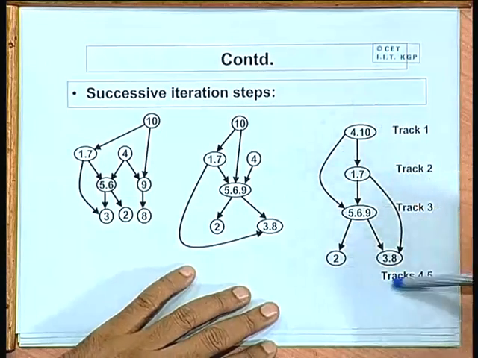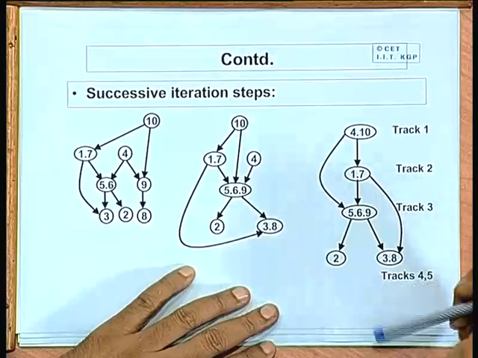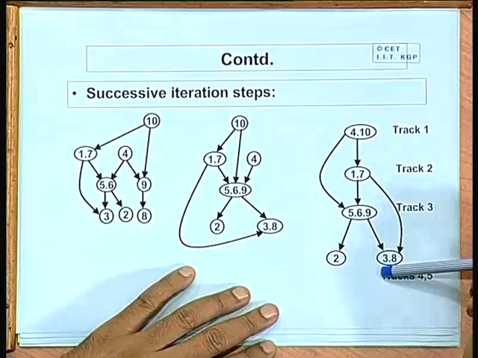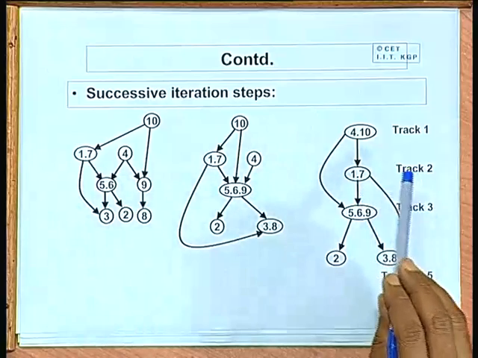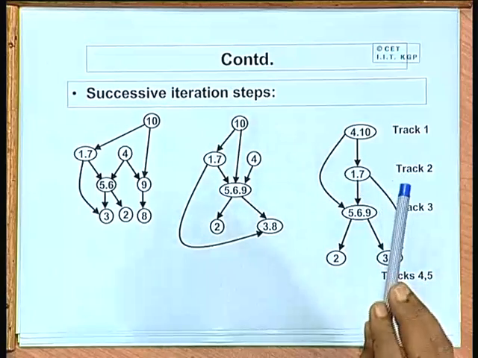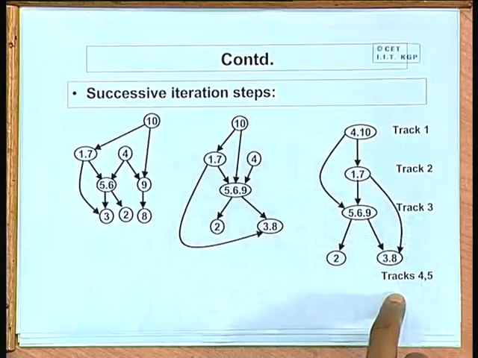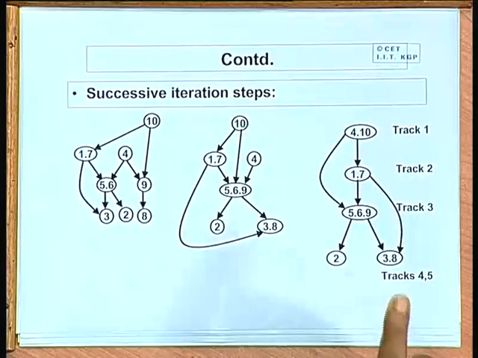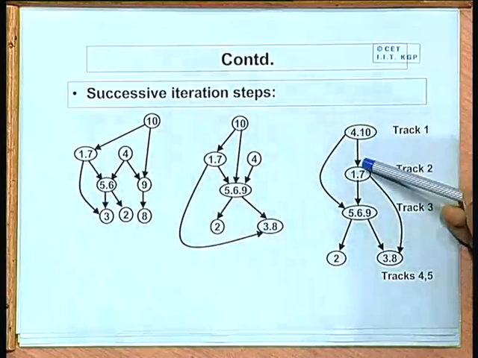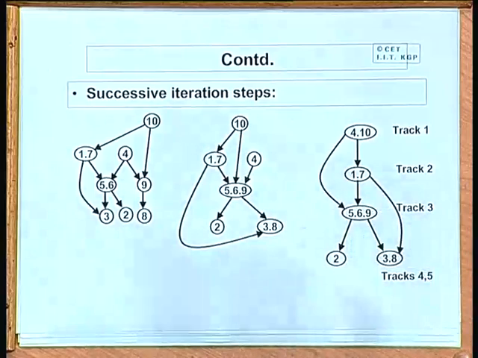Once you have arrived at a graph where you cannot merge the nodes any further, you have arrived at a possibility where each of these composite nodes can be allocated to a separate track. Based on these arrows you apply a left edge algorithm to allocate the tracks.